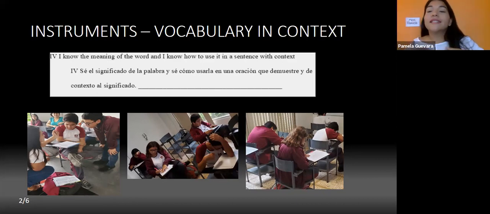In that part, they would have my help, or they would use the dictionary. But for the first part, "I am scared because," and then we would continue. It was two months of teaching them how to create sentences using so and because.